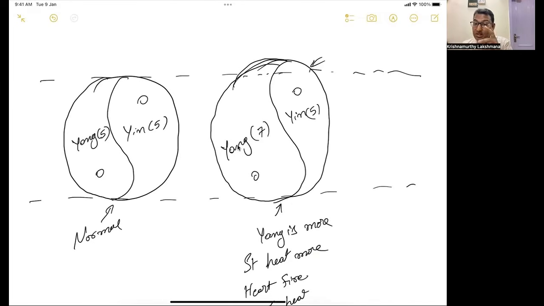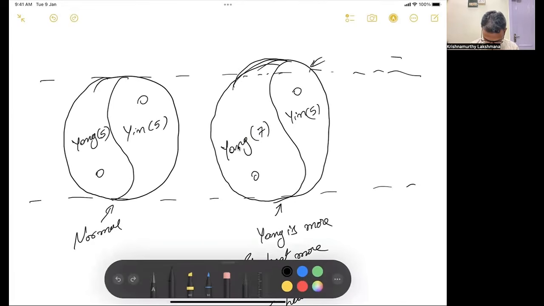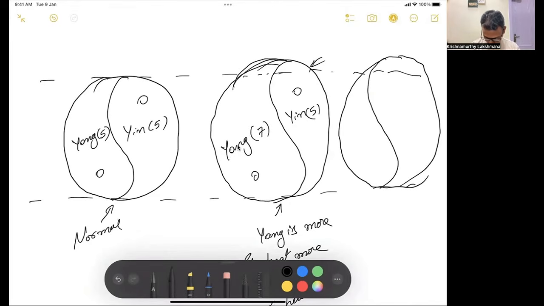Now, if the situation is different, so here in this situation, what is more?